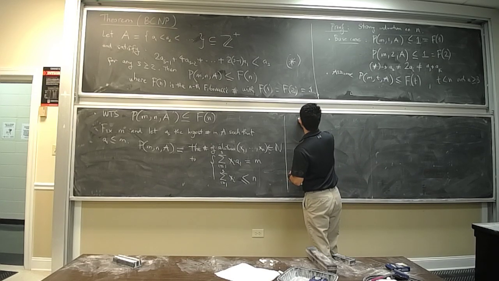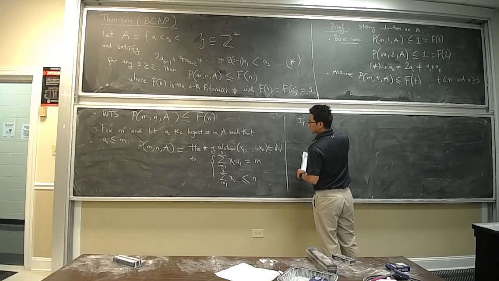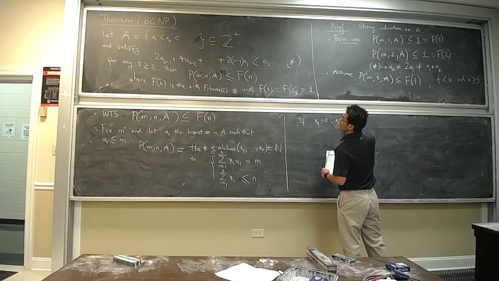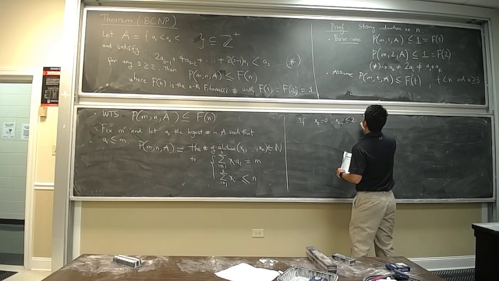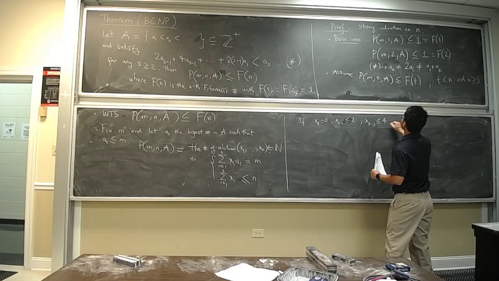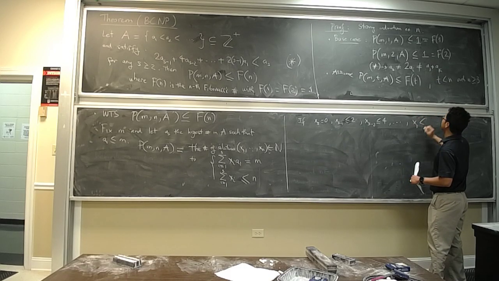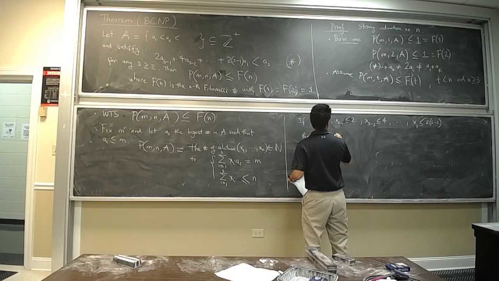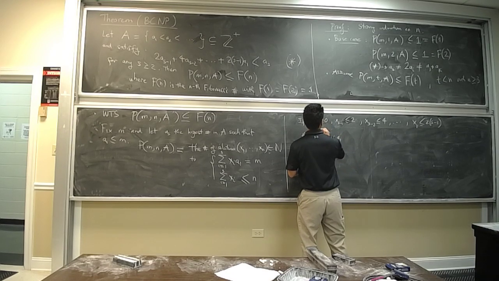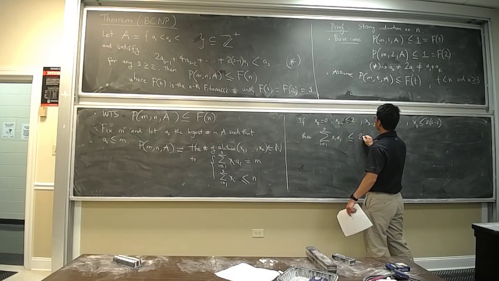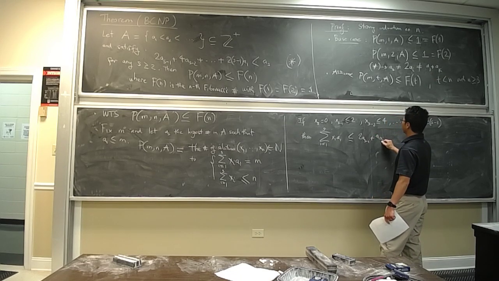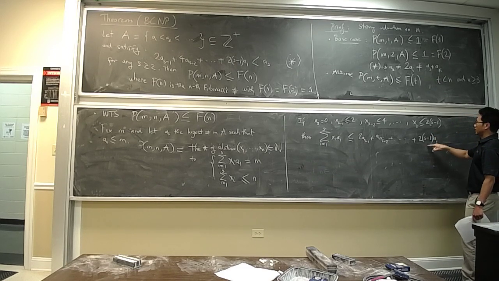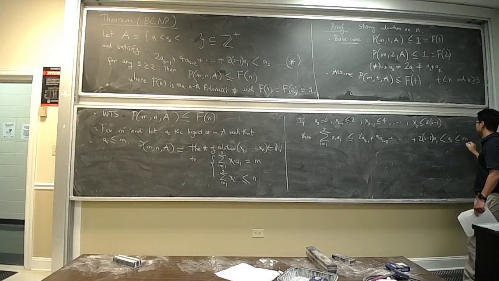Okay, so note that if x sub s is 0, x sub s minus 1 less than or equal to 2, x sub s minus 2 less than or equal to 4, etc., and x sub 1 less than 2 to the s minus 1, then we know that this sum is going to be less than a sub s, and less than or equal to m. So that means no solution.